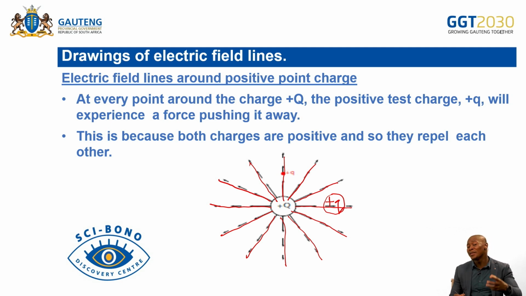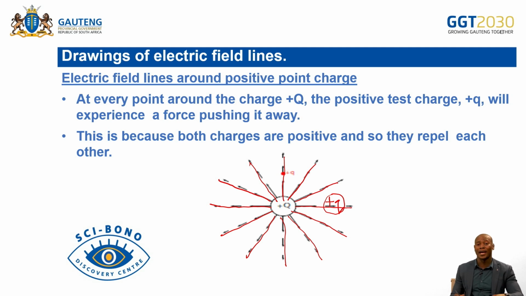To determine the direction of the electric field, you use a positive test charge. So this is a positive charge, and you place it anywhere where you have these electric field lines, because remember, the electric field is around this charge.